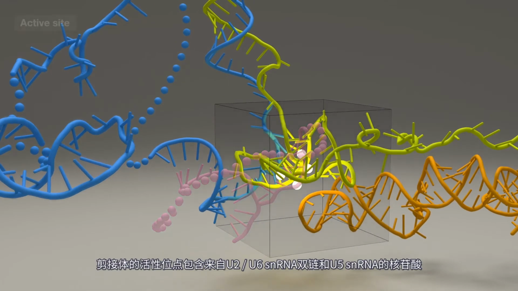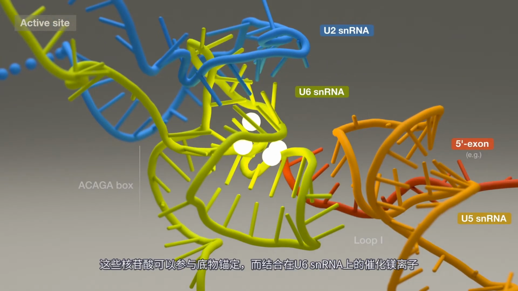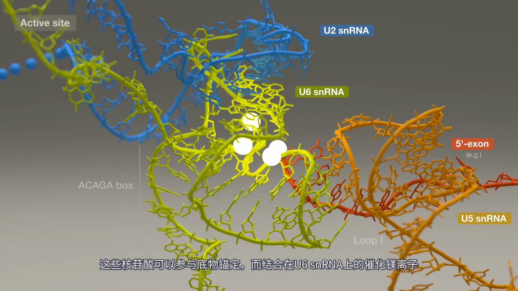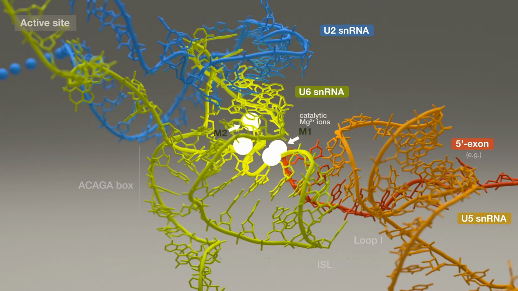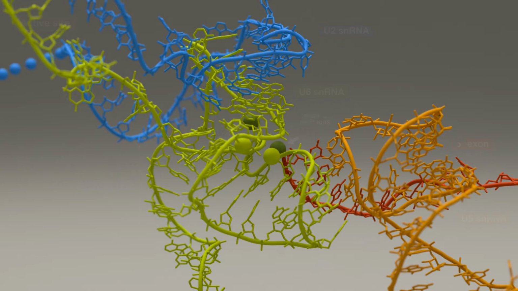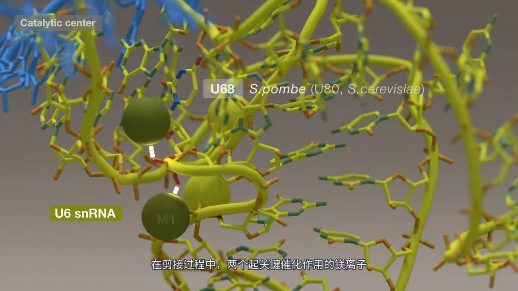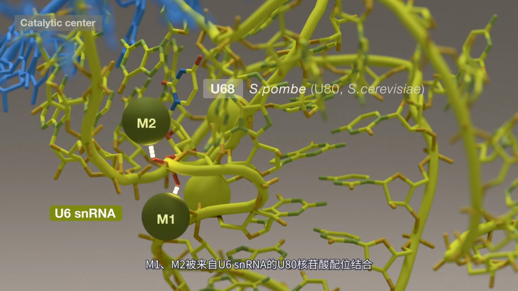The active site incorporates U2, U6 duplex, and U5 nucleotides that orchestrate substrate anchoring, while catalytic magnesium ions stabilize or activate reactant moieties during catalysis. During splicing, the key catalytic U80 residue coordinates the M1 and M2 magnesium ions.